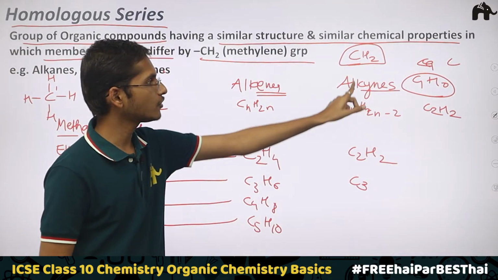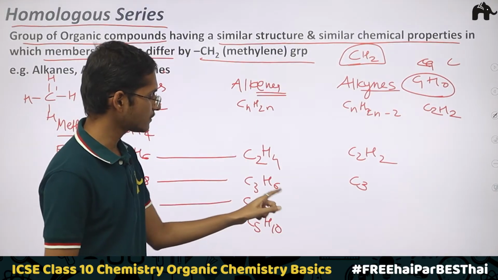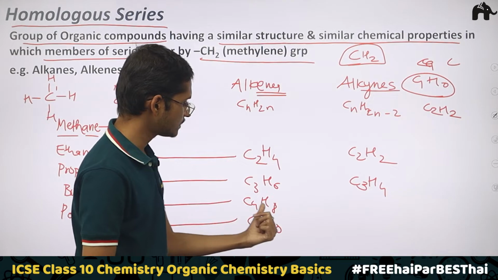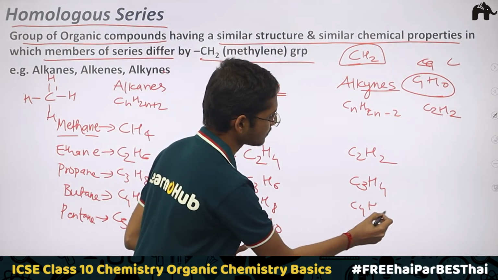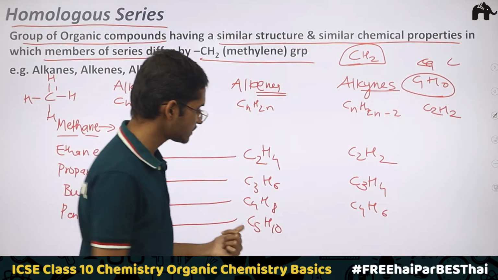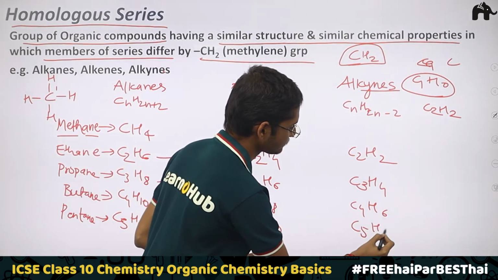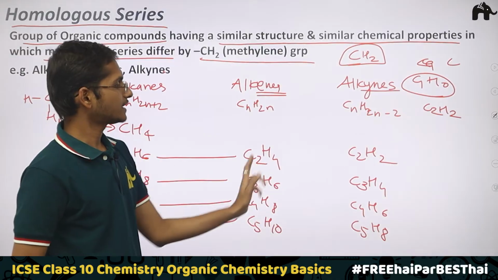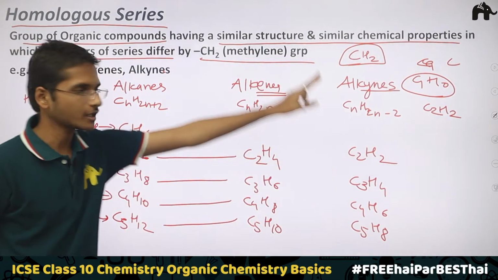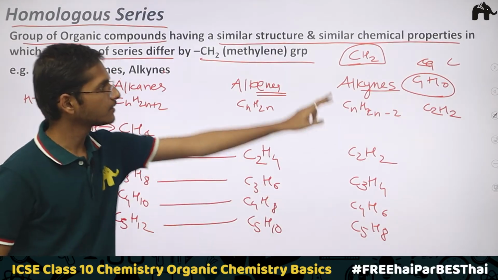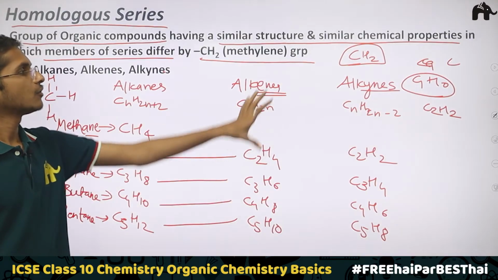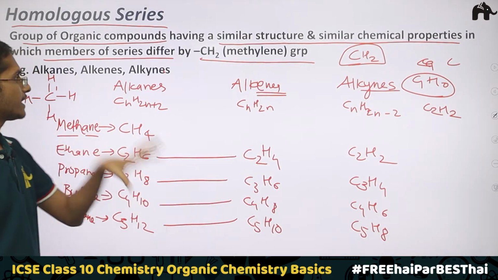So 6 minus 2 is 4. So C3H4. In the same way, C4H8, C4H6. I am just subtracting 2 from this formula for hydrogen. C5H10, C5H8. Then ethyne, in the same way, propyne because alkyne, butyne, pentyne. So this is the homologous series for alkanes, alkenes and alkynes.